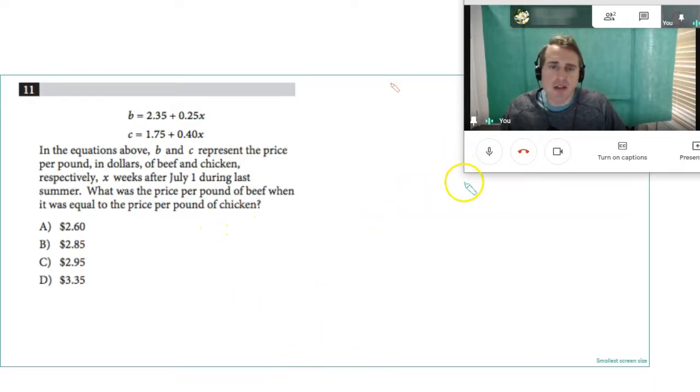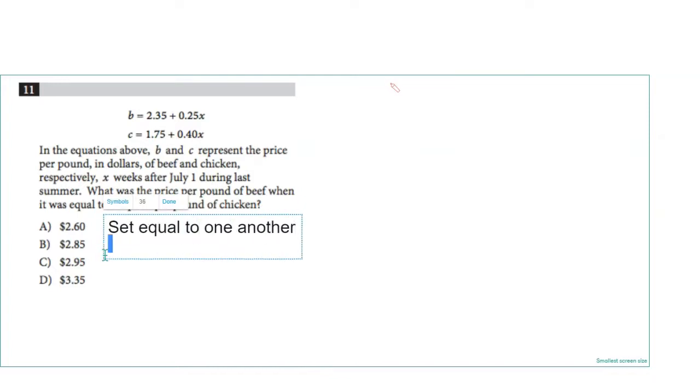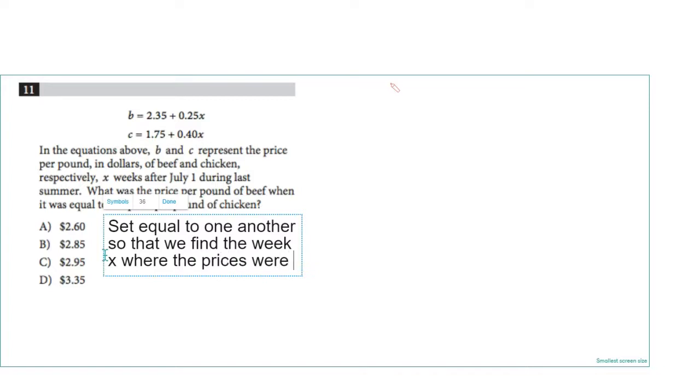Okay, so when the two prices are equal, what should we do with the two equations? Set them equal to each other. Nice. Set equal to one another so that we find the week x where the prices were exactly equal.